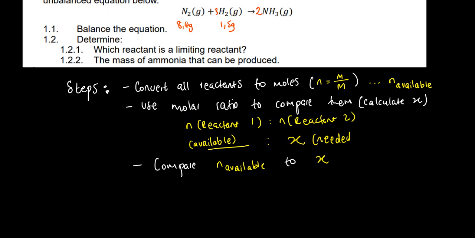So if you do that, this is what you then are simply going to do. You shall say, if number of moles that are available are greater than x, which means the moles that are needed, then if you have more than what you need, listen to that, if you have more than what you need, that is your excess reagent.